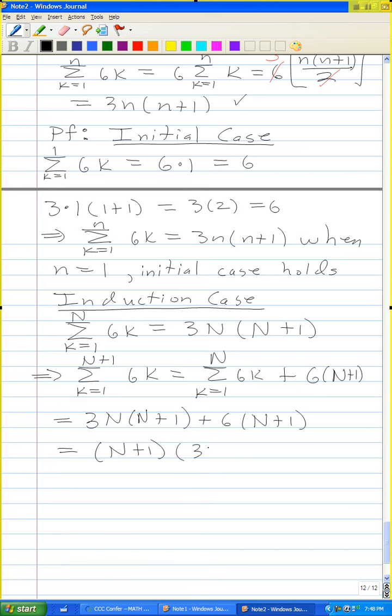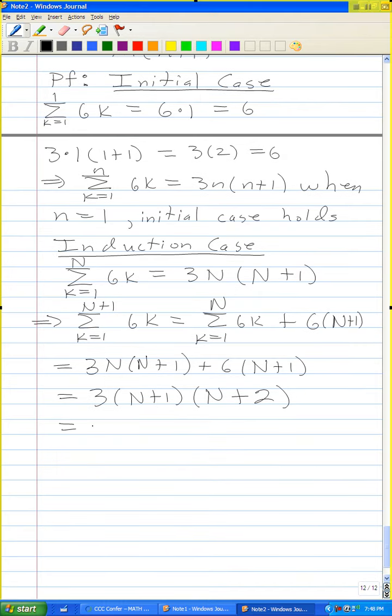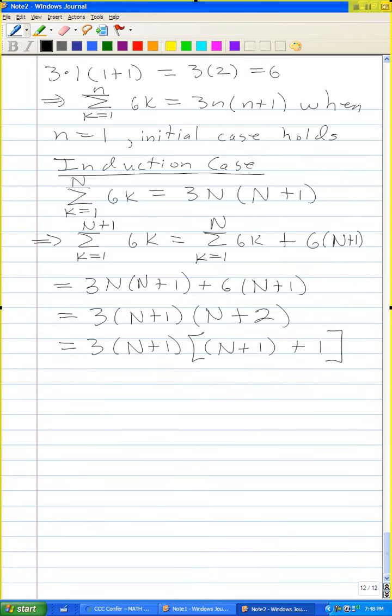I can factor out a 3 also. So let's factor out a 3 and N plus 1, so that what remains is N. 6 divided by 3 is 2. I can write N plus 2 as N plus 1 plus 1. Therefore, I'm done.